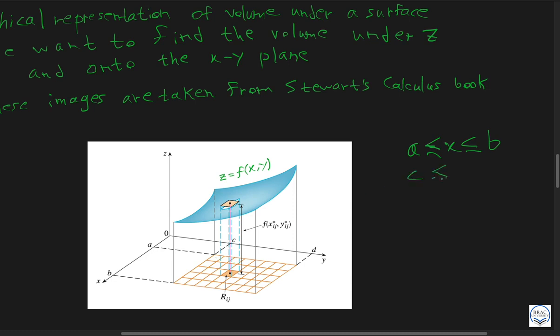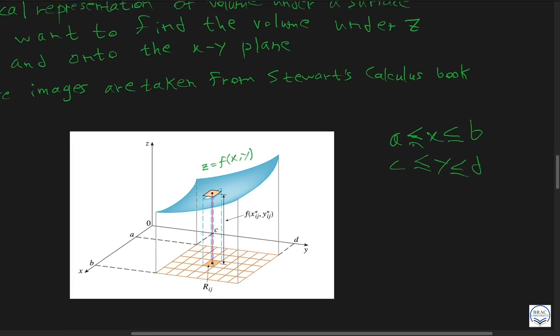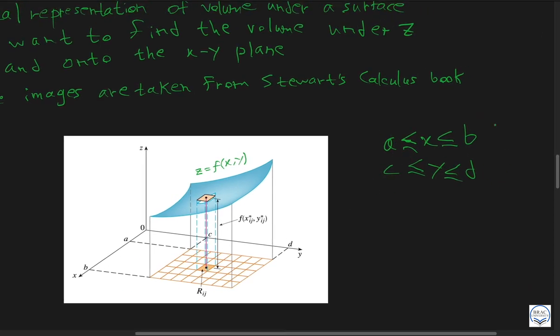Similarly, in the y-axis, all of these points in this rectangular region must vary from c. They have to be greater than or equal to c, and smaller than or equal to d. Anything beyond this region is going to lie outside this rectangular region. So these two inequalities give me this rectangle.